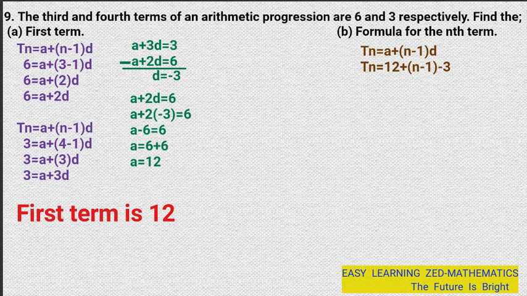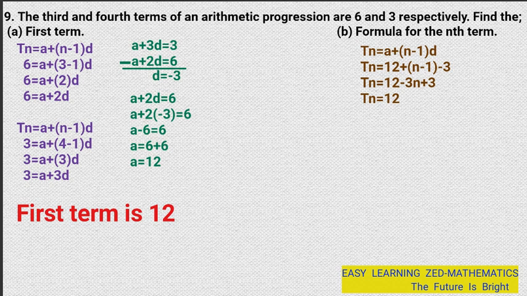So I'm going to say Tn is equal to 12. Then negative 3 times n will give us negative 3n. Then negative 3 times negative 1 will give us positive 3. Then I'm going to collect like terms together. There. Then I'm going to write Tn is equal to 12, then I'll bring 3 closer to 12, because 3 and 12 are like terms.